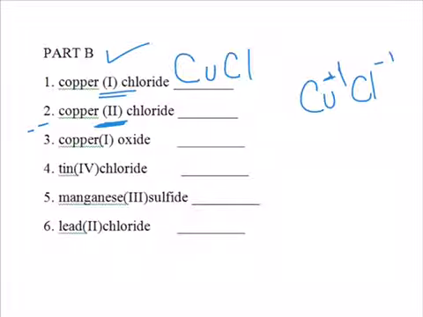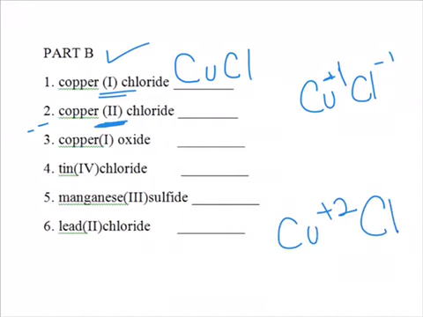So in number 2, now copper is a +2. Chlorine hasn't changed. It's still a -1. Oh. 2, 1. We reverse them. 1, 2. It's going to take 2 of these -1s to cancel out that +2. We just switch those numbers.